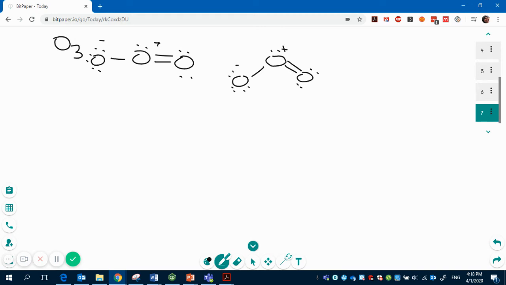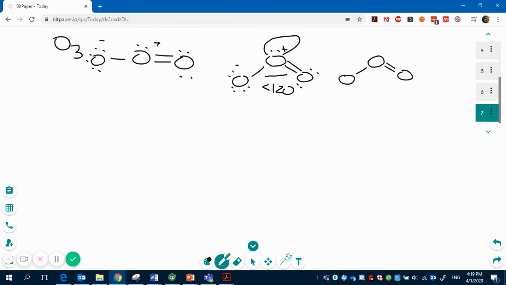So it looks something like that, and the bond angle here is going to be less than 120. We can draw it like that with our bubble, or more preferably, just like this. And there we go.